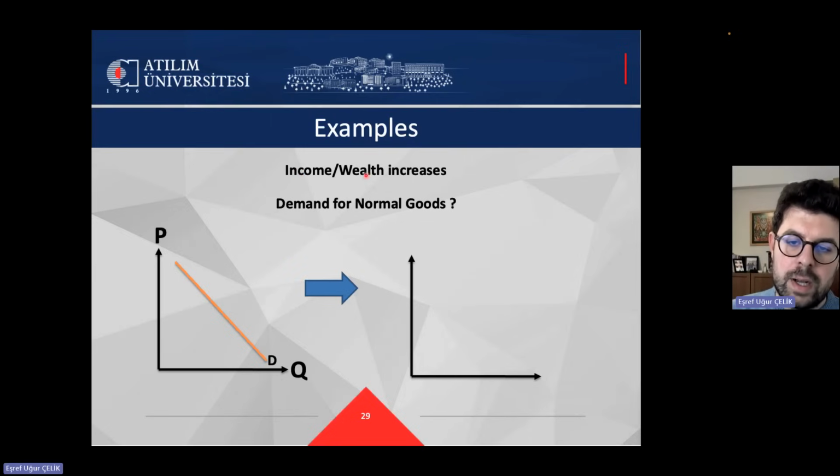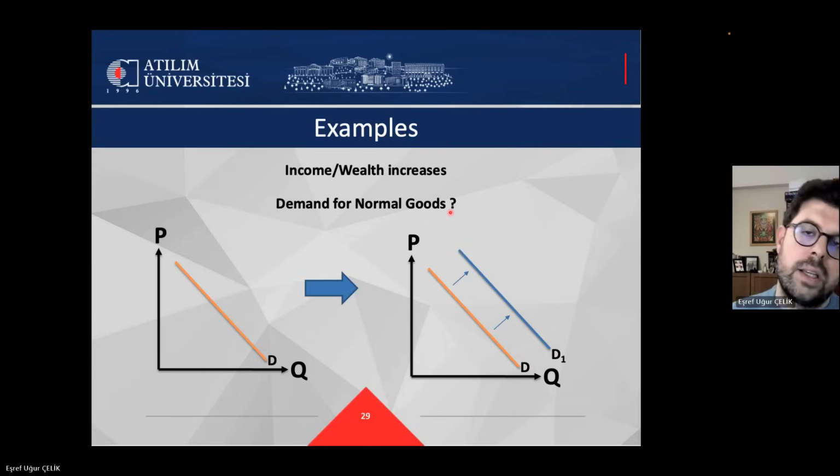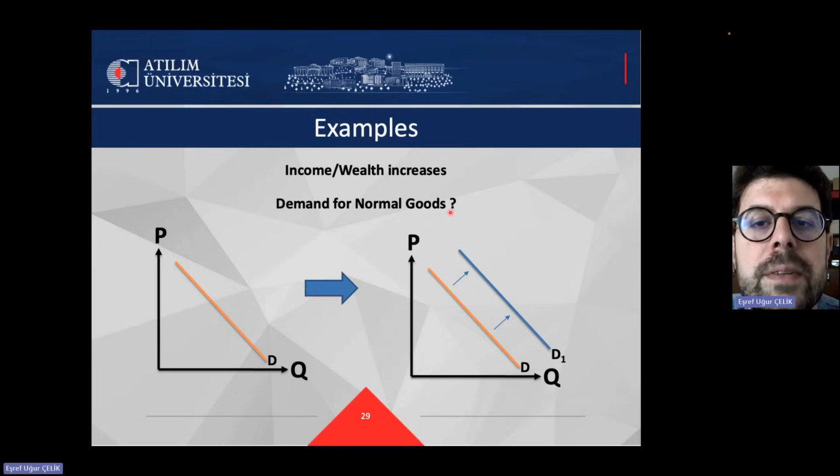When our income or wealth increases, what happens to demand for normal goods? The relationship is direct or positive. So when one of them is increased, the other one is also increased. So demand increases. How can we show it on the demand line? The demand line shifts to the right.